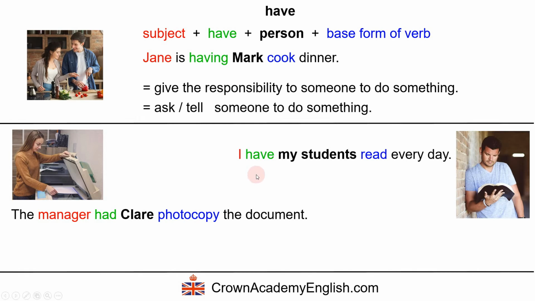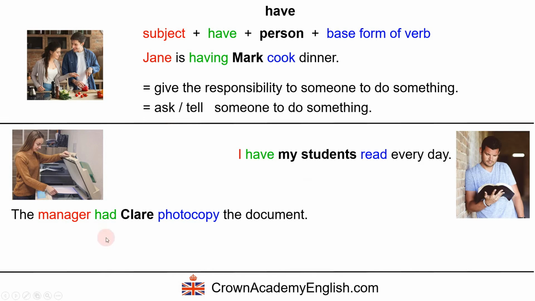And this is a common example for teachers, because I'm a teacher and I have my students read every day. This means I ask or I tell my students to read every day. And again, we're using the base form of the verb. So very important, this is not talking about possession.